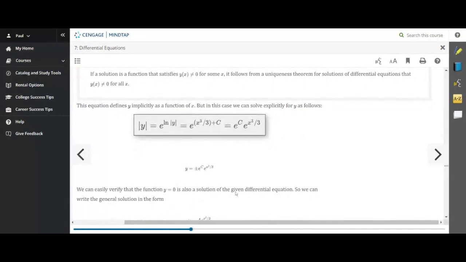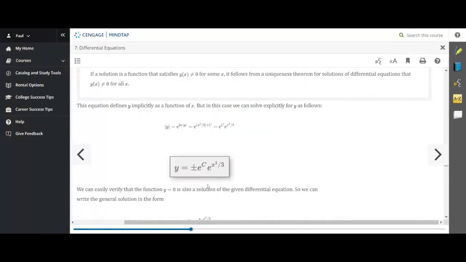Okay, so if the absolute value of y is equal to e to the power of a constant times e to the x cubed over 3, then when we remove the absolute value, y is just going to equal plus or minus that function.